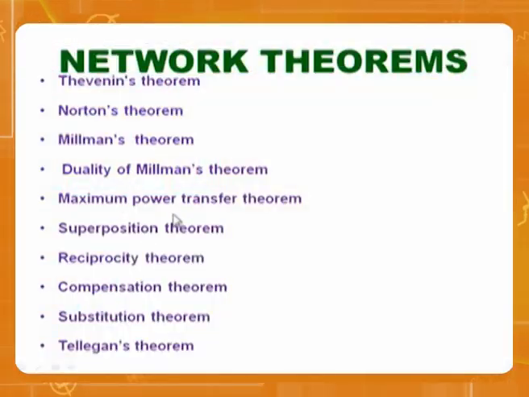Then all these theorems I have classified into 10. The first 5 belong to one slot: Thevenin's, Norton's, Millman, duality of Millman, then maximum power transfer. All these 5 belong to one category. Broadly they belong to Thevenin's theorem.